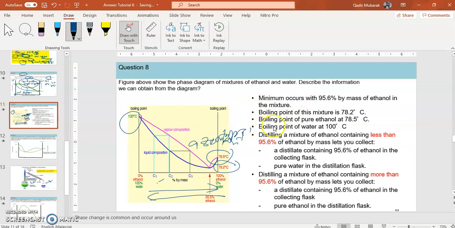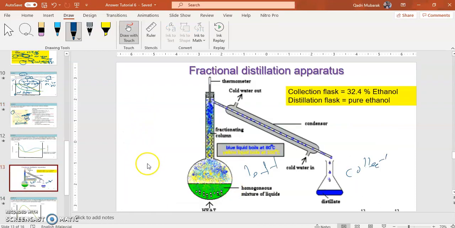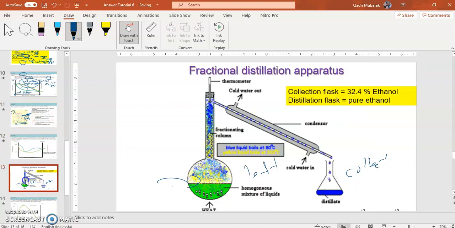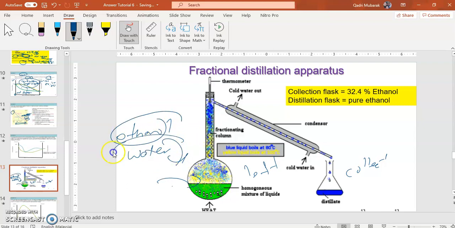So the maximum. In a solution like this one, for example, containing ethanol and water, we can separate these two components by using fractional distillation.